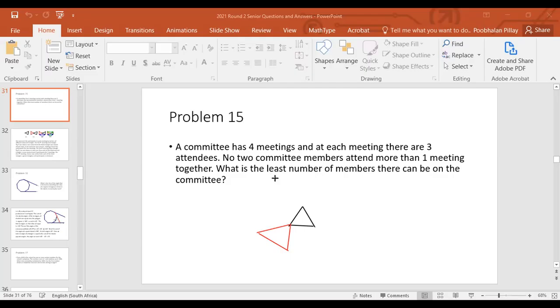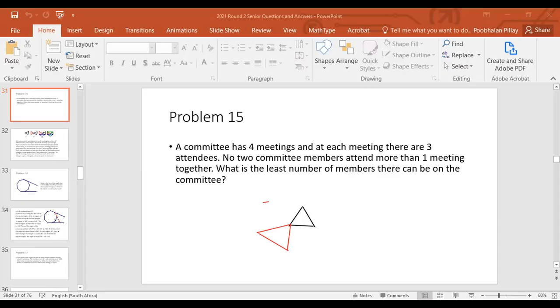All right, so let's get on to the third meeting. Okay, let's choose. For the third meeting, you can choose exactly one from here and exactly one from here. You're not allowed to choose more than one. Right? And we want the least number of members, so we will choose one from here. We'll choose one from here. That makes 2. But then we need a third member. So we'll have to have a third guy.